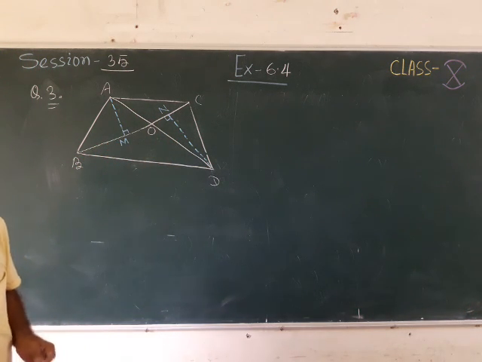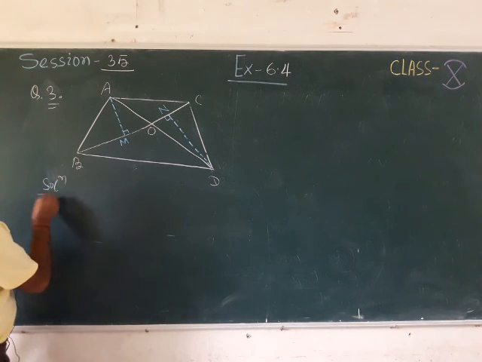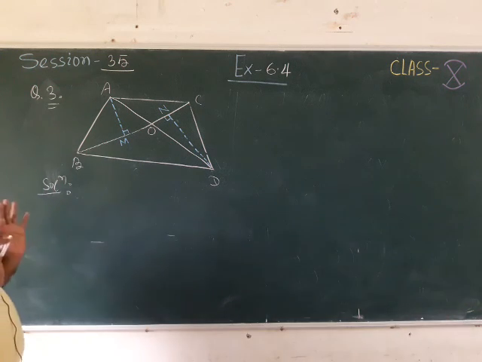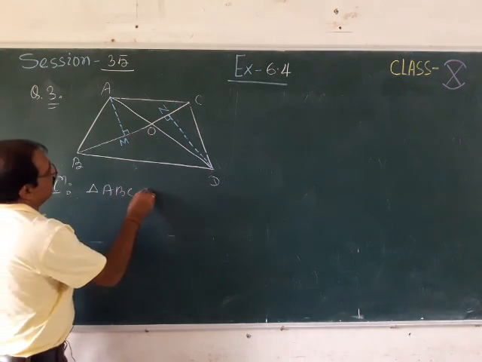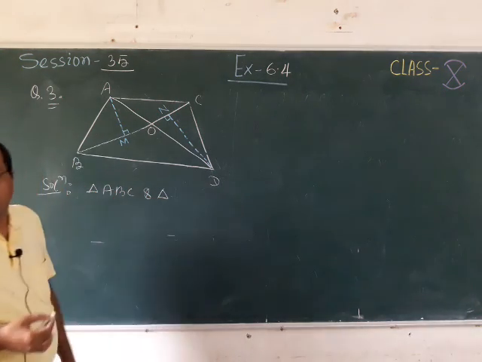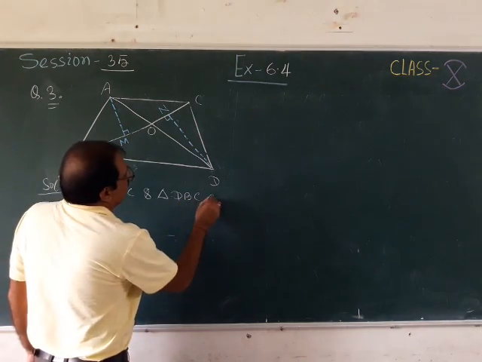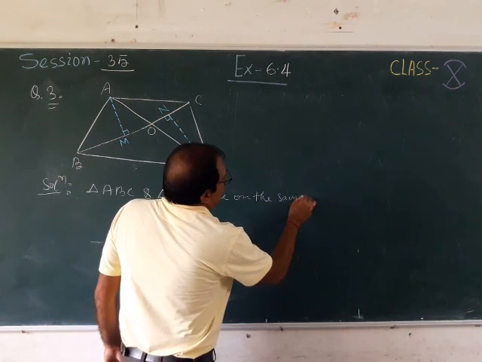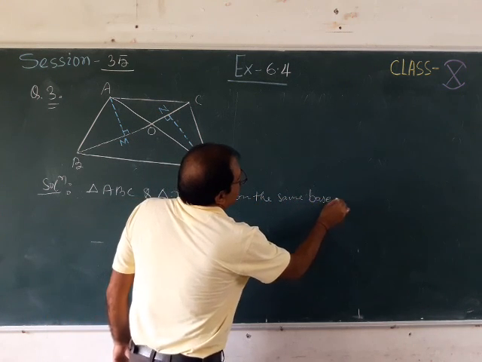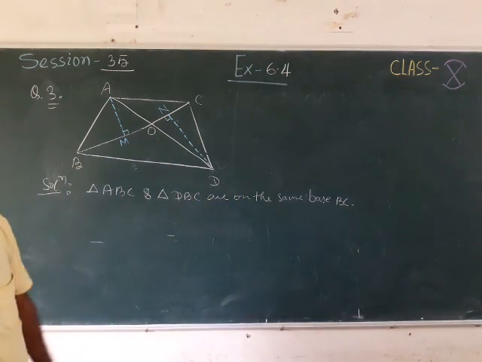Okay. So, what is given there? Here in the solution part, what do I need to write? I have not written the given part. You can write: triangles ABC and DBC are on the same base BC.